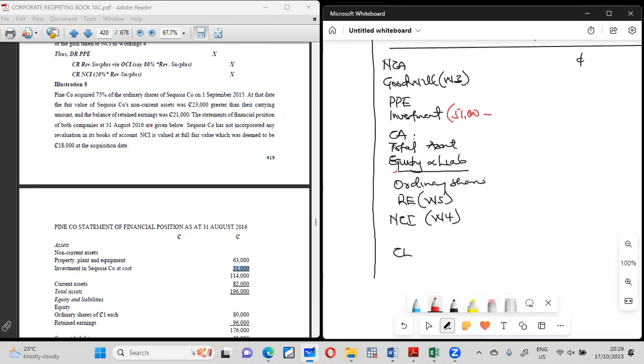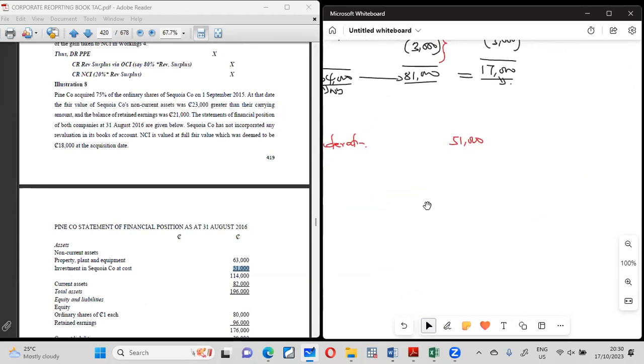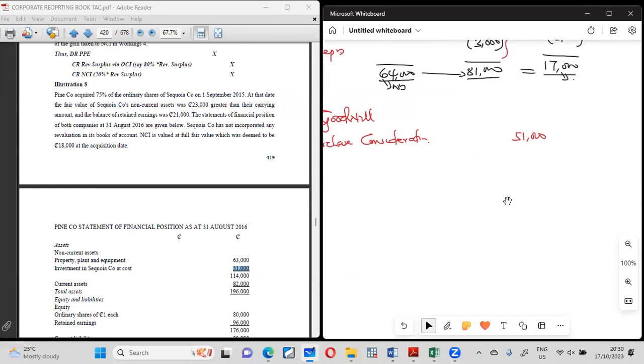The double entry for the purchase consideration is debit purchase consideration, credit the investment. So we take the investment out. It's the same 51,000, so here will be 0. Let's go back and continue with our goodwill. So purchase consideration we have.